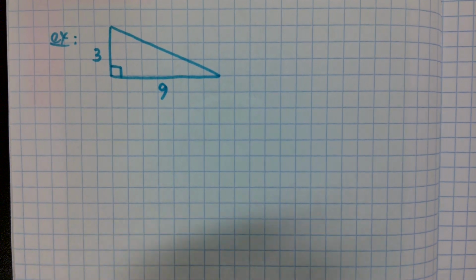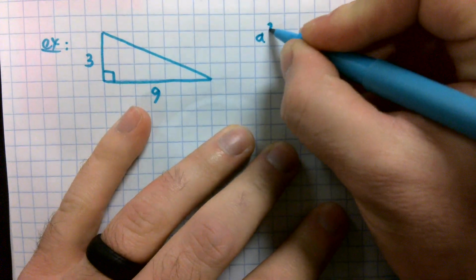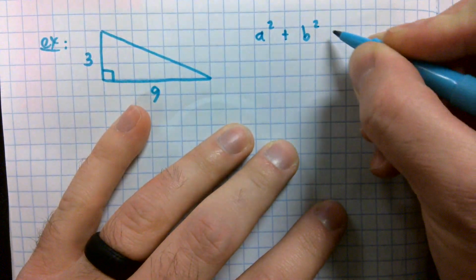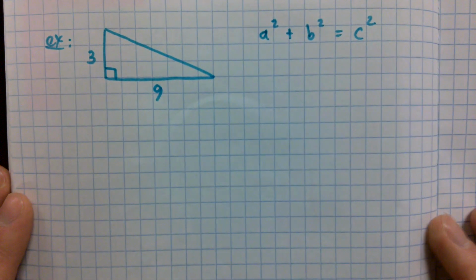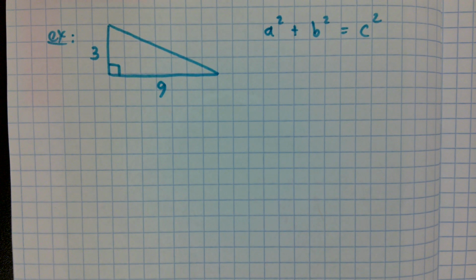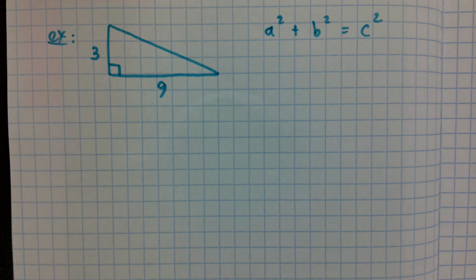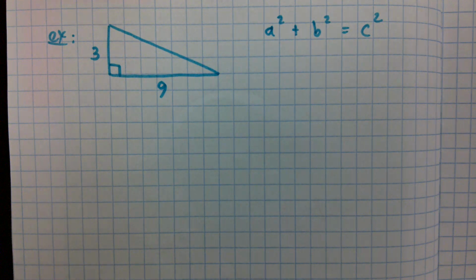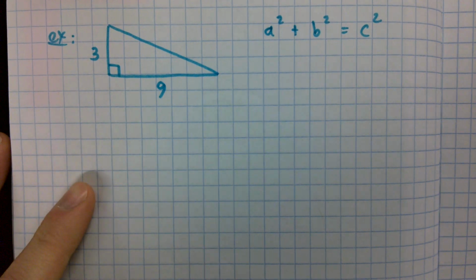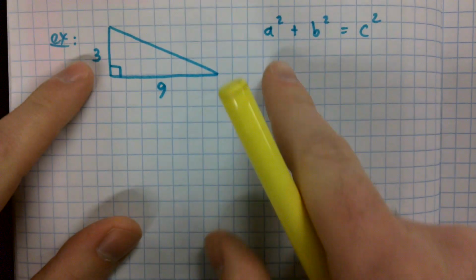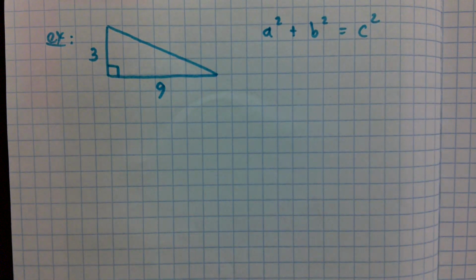All right. So we're going to take our formula, A squared plus B squared equals C squared, our Pythagorean theorem. What are we going to plug in where? 9 is A, 3 is B. That works for me.